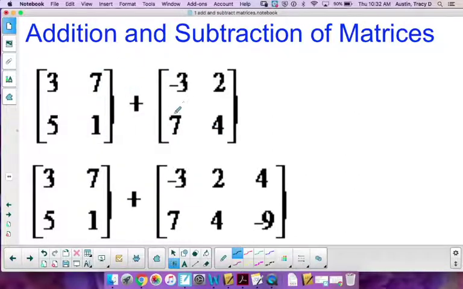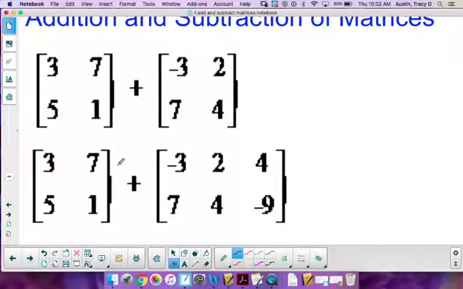So everything would be in the same spot, and we would add it piece by piece, element by element, basically. This one here, the second example, is a problem because there is nothing to add to this 4 and 9 that's on the second matrix, right? There is no column 3. So this one, literally, we would just call it no solution, right? Because you can't add them.